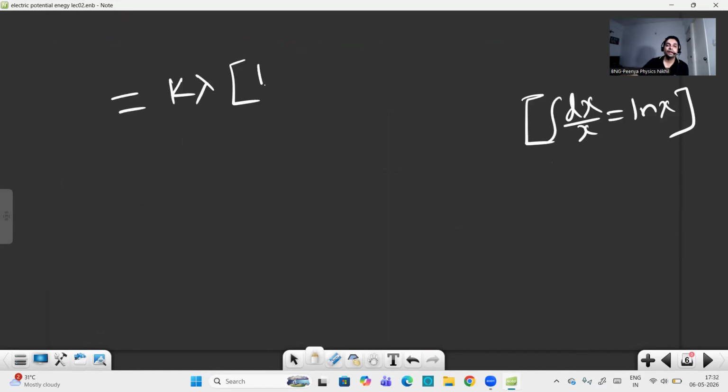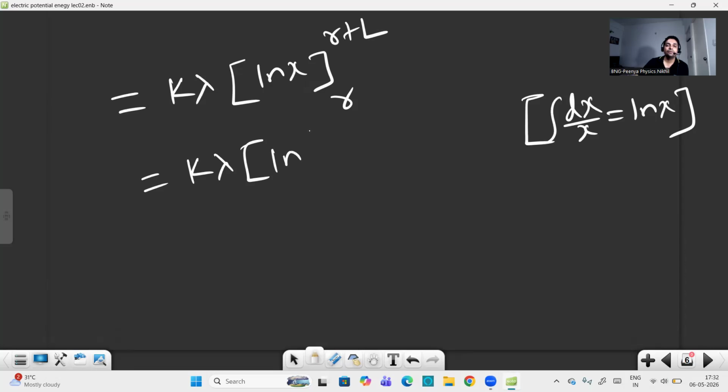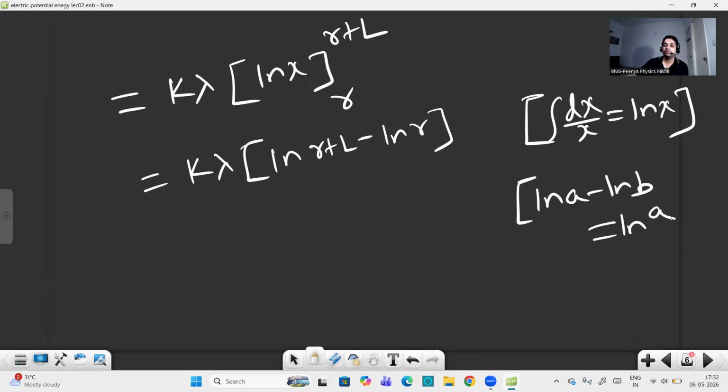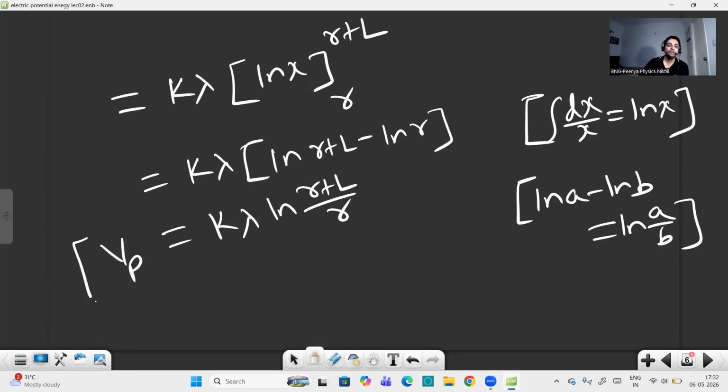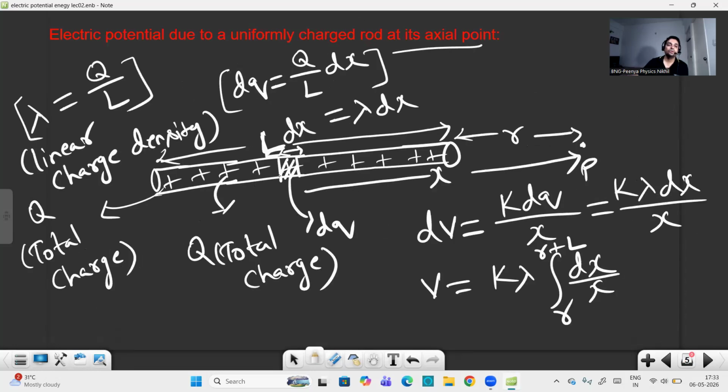Limits are r to r plus L. So K lambda, we'll put this limit: ln of the upper limit r plus L minus ln of the lower limit r. Since ln A minus ln B is ln A by B, we will write K lambda ln (r plus L) by r. This is the electric potential at point P due to the uniformly charged rod.